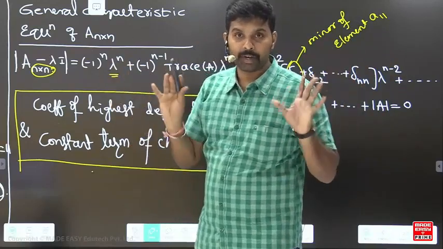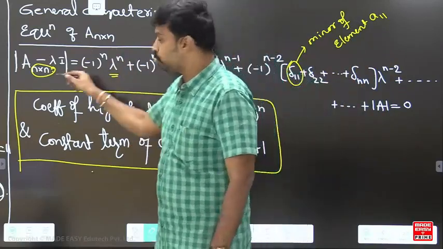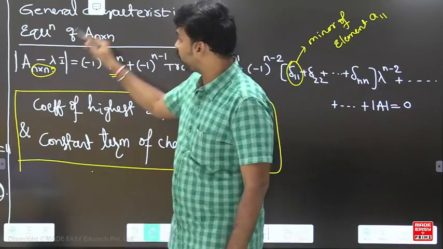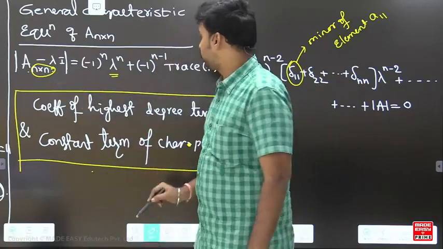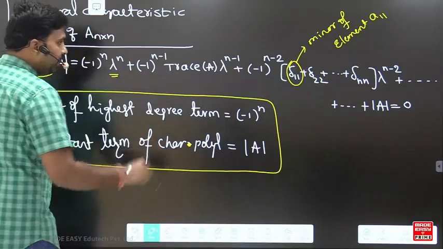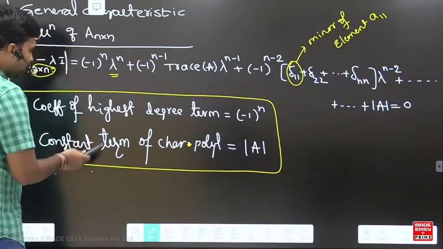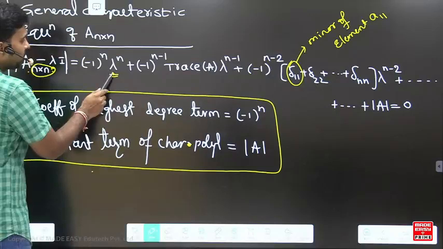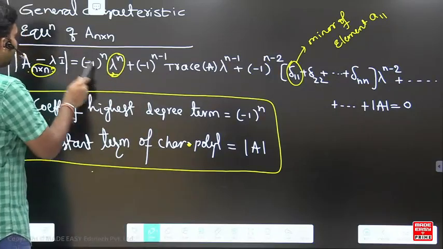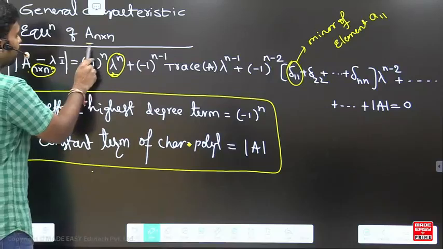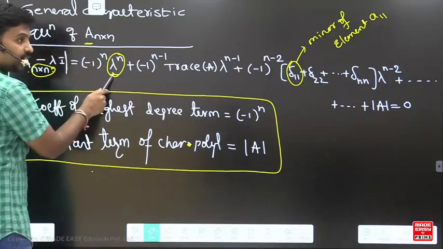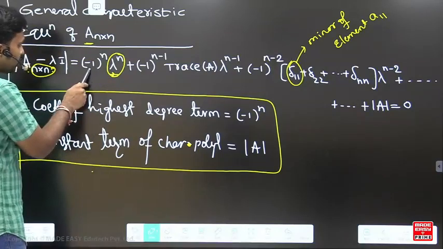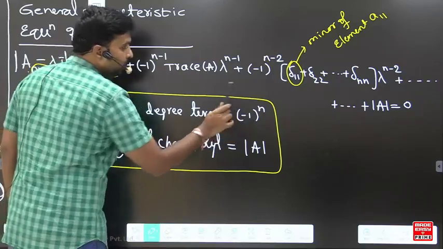But when it comes to the characteristic equation of this matrix, please understand the coefficient of the highest degree term. This is the highest degree term for the characteristic equation of an n by n matrix, and its coefficient is minus 1 whole power n.